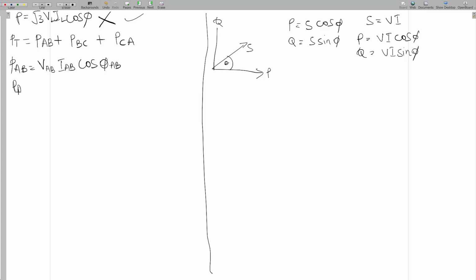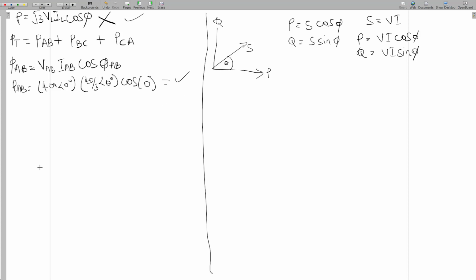So PAB, the voltage VAB, we had 400 angle 0 degrees, and we had the current to be 40/3 angle 0 degrees. When you look at the voltage, the angle is 0, and for the current the angle is also 0, so the angle is going to be 0 for this one.